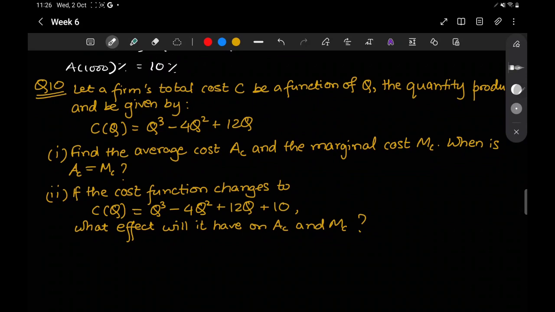Part 2, here the cost function changes to being Q cubed minus 4Q squared plus 12Q, the same as previous, plus an additional constant of 10. And we need to see what effect this has on the average cost and the marginal cost. So once again, take some time to solve this question and then we will discuss the solution.